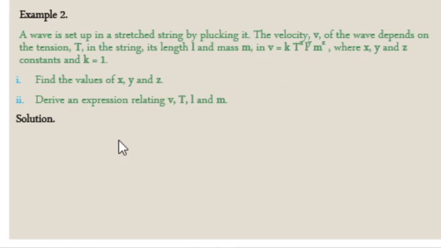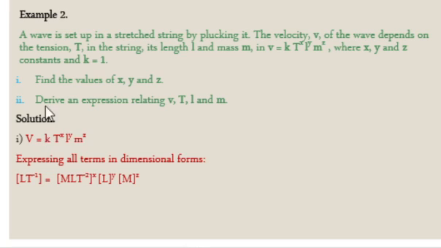Let's go straight to the next step, which is to write the dimensions of the parameters in the equation. We have defined the parameters: v is velocity. The dimension of velocity is L T to the power minus 1, and k is a constant, so k is 1, and the dimension of a constant is 0.